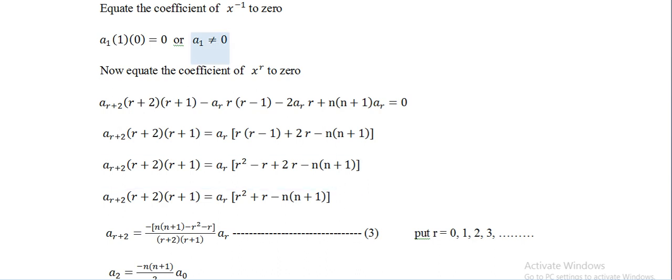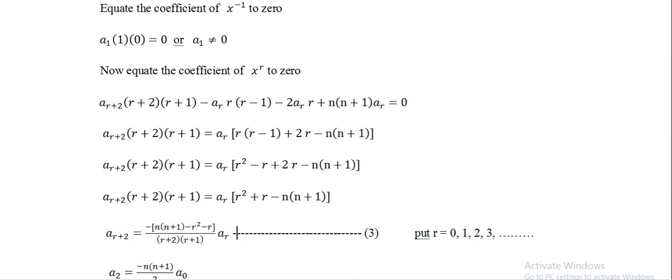So already we have the a0 and a1 values. Now what we require is a2, a3, a4, etc. Therefore we'll substitute r values as 0, 1, 2, 3, one by one in equation number 3. Then we'll obtain a2, a3, a4, etc. So first, substitute r equal to 0 in equation number 3.